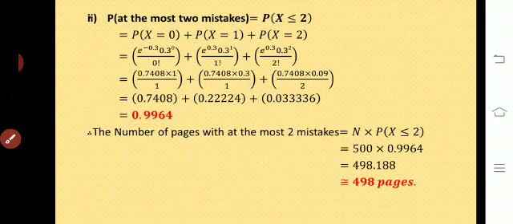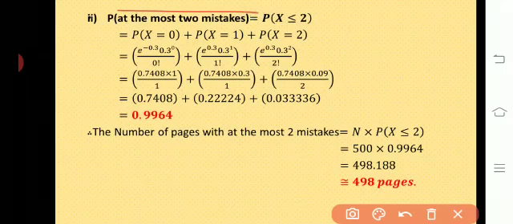Now come to the second sub question, that is the probability of at the most 2 mistakes. At the most 2 mistakes means probability of x less than or equal to 2. Probability of x less than or equal to 2 means probability of x equal to 0, plus probability of x equal to 1, plus probability of x equal to 2. Now in the PMF we have to put first x equal to 0, then x equal to 1, and then x equal to 2.